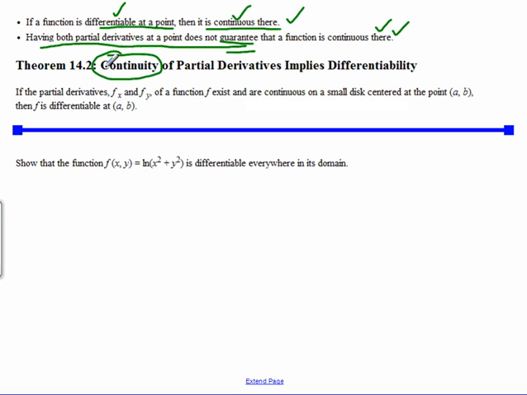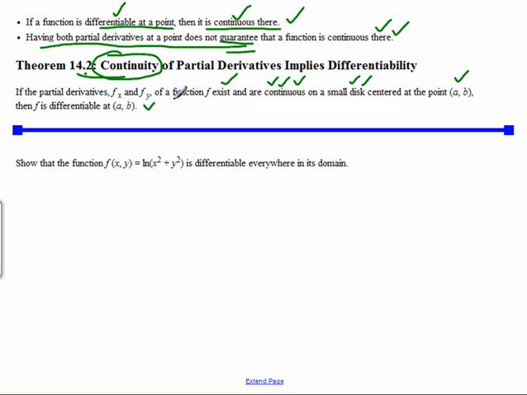Okay, so then we've got a theorem. It says if the partial derivatives of a function exist and are continuous on a small disk centered at the point (a, b), then f is differentiable.